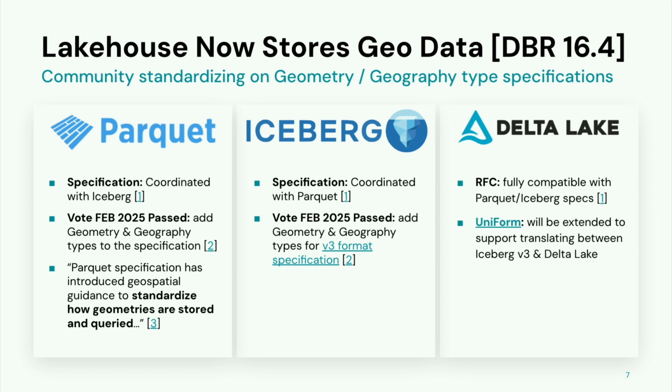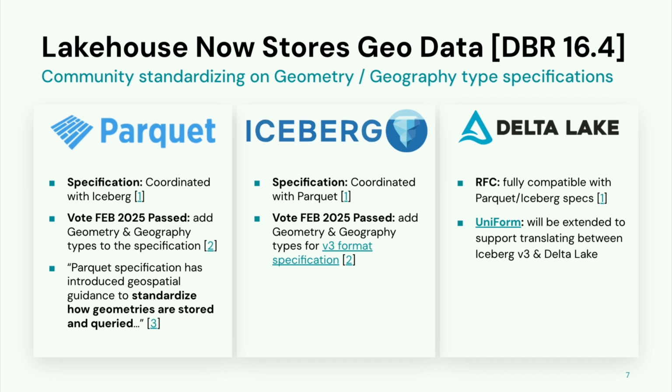And just yesterday, the Delta RFC was published, so you can see that. My main point here is that there's going to be full interoperability between all these formats, so there's no stress there. There's not some hidden secret or difference between these. And the Databricks team has been a part of these communities and contributing as well. So really excited about this on the storage front, complete interoperability.